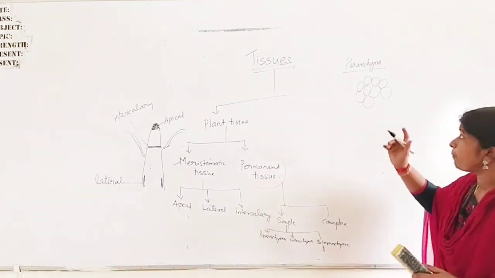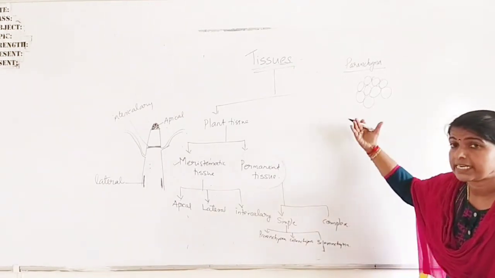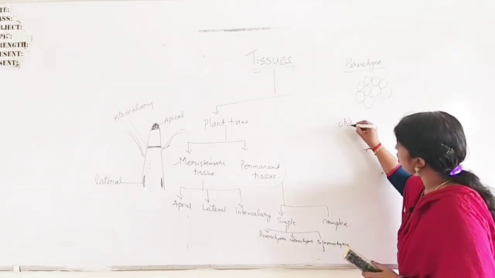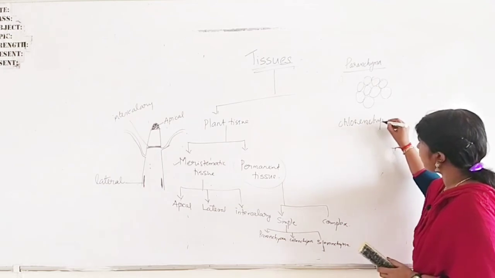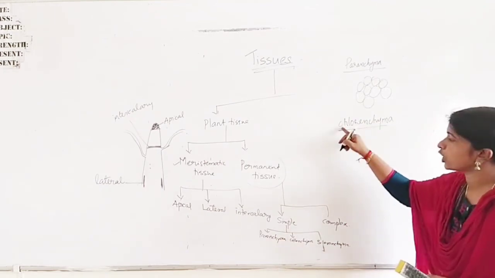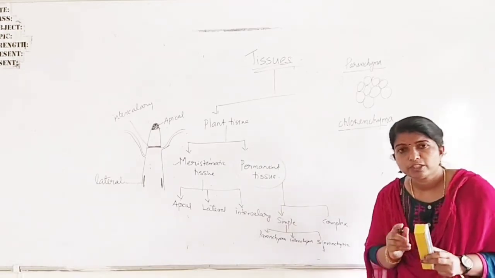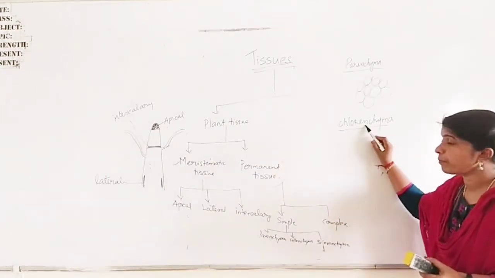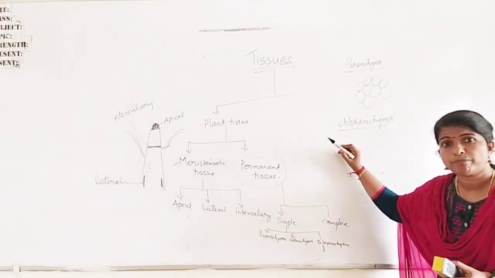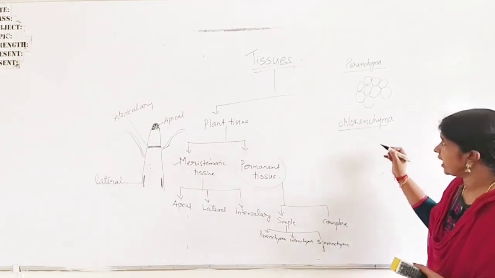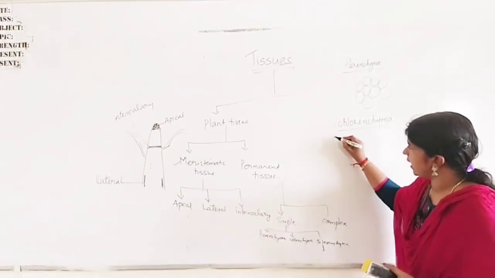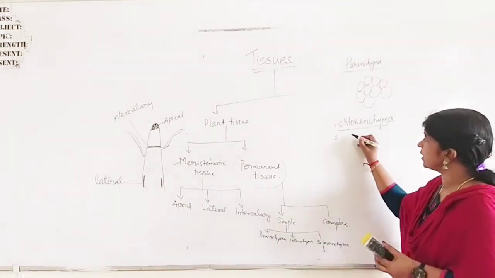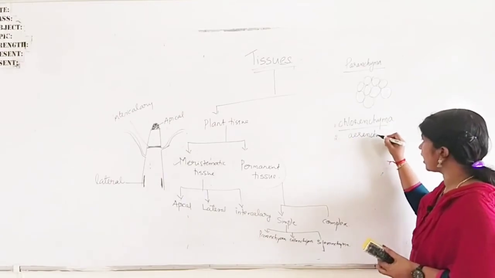Suppose chlorophyll is present in the parenchyma, then we can call it chlorenchyma. Parenchyma cells with chlorophyll. You know the function of chlorophyll. It helps in photosynthesis. So this chlorenchyma is also able to perform photosynthesis. Now, one more type is there. The parenchyma cells with air cavities are known as aerenchyma.